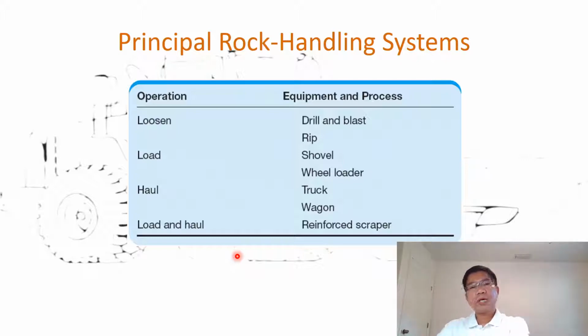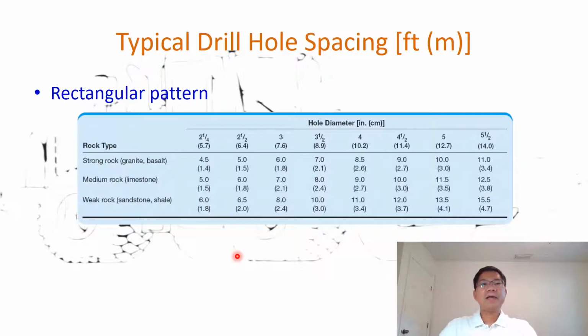And moving on, if we use a rectangular drilling pattern, as you can see, the hole diameter depends on the rock type. If it is strong rock like igneous rock, granite, basalt, then you need to use a smaller diameter. The spacing will even be closer, because it's too hard and you have to go closer.